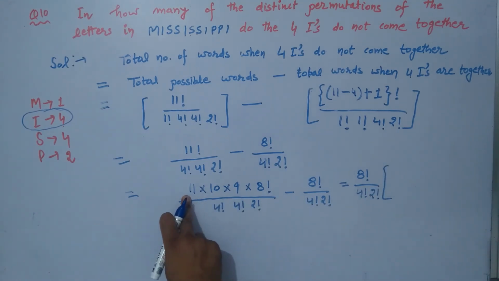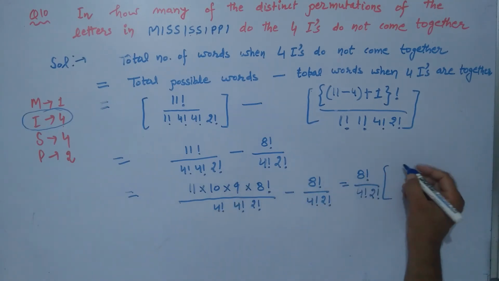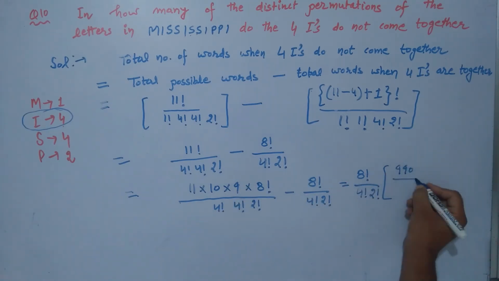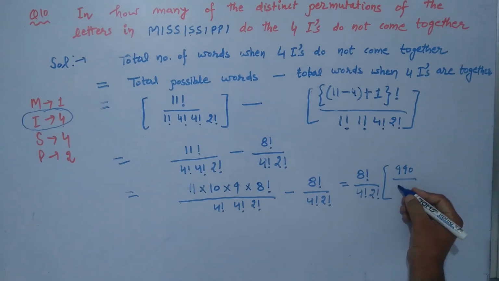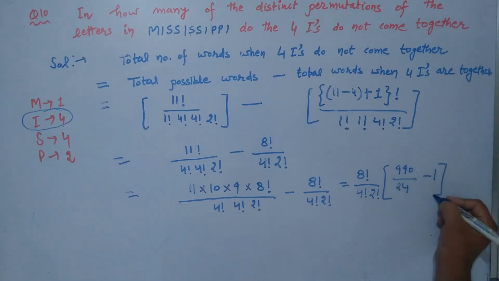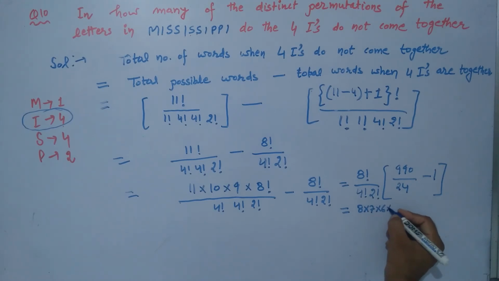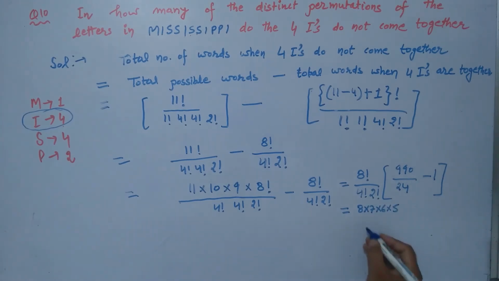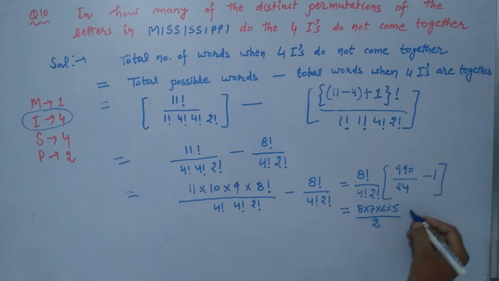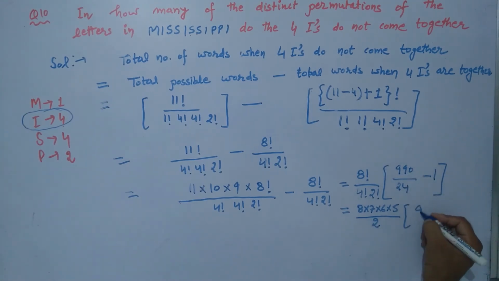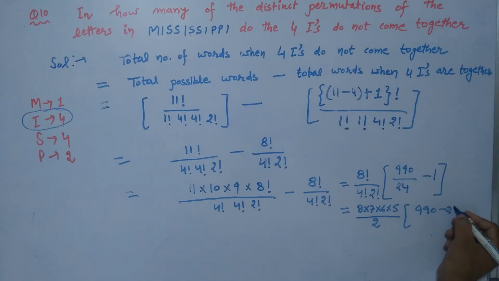So here we are left with 11 into 9, 99, 990, divided by 4 factorial, which is equal to 4 into 3, 12, 12 into 2, 24, minus 1. So 8 factorial, that is 8, 7, 6, 5, 4 factorial will get cancelled. In the denominator we are left with only 2. Here this is 990 minus 24 upon 24.